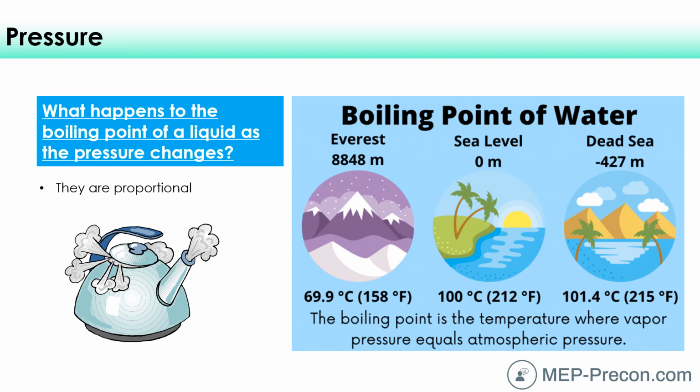And so at sea level, the boiling point of water is 100 degrees Celsius or 212 degrees Fahrenheit. But as you go up in elevation, there's less pressure. Literally within the atmosphere, there's less gravity pushing down those air molecules on the surface of the water.